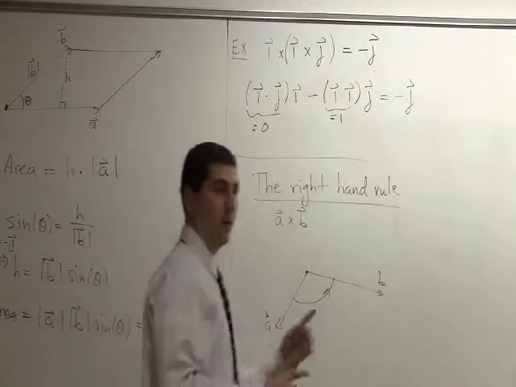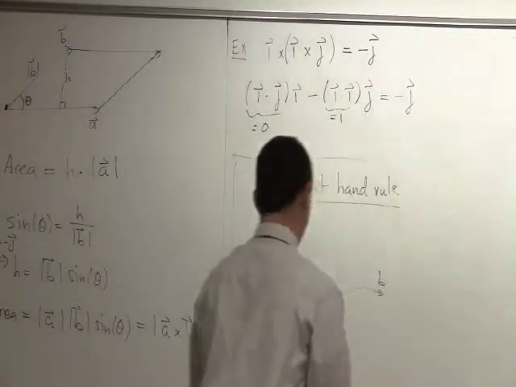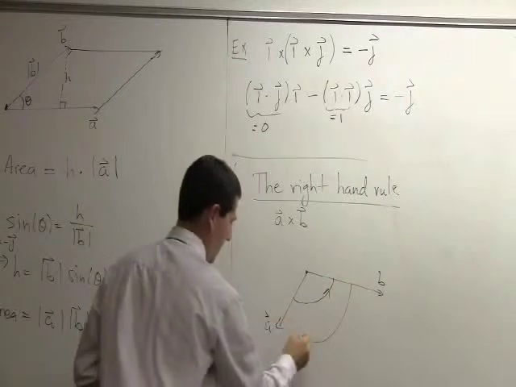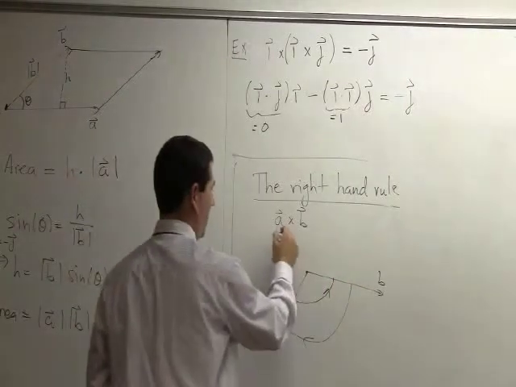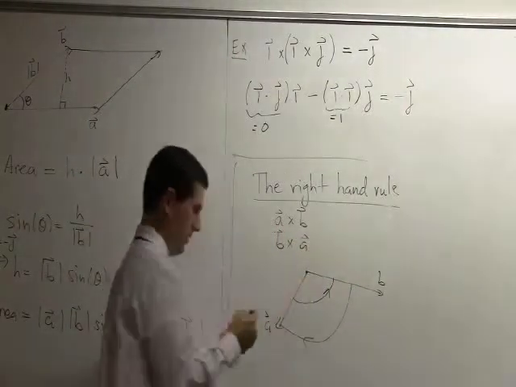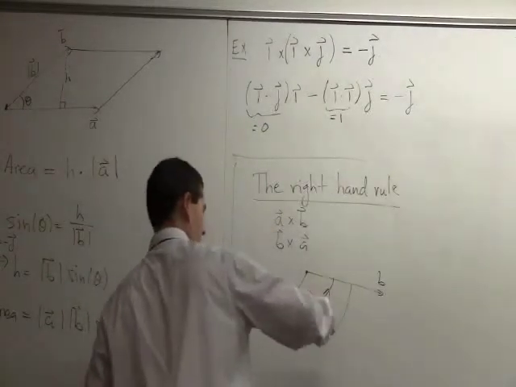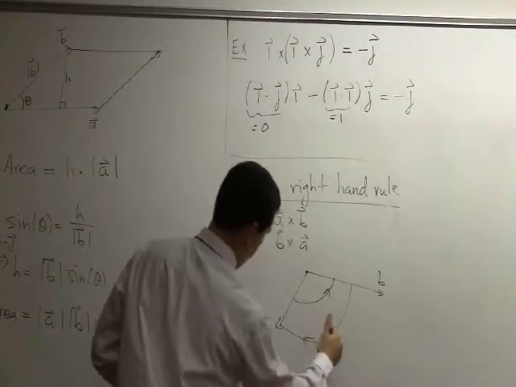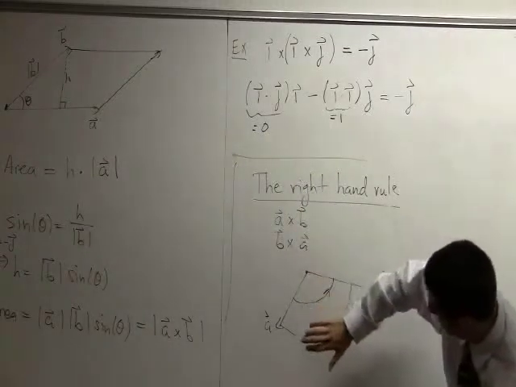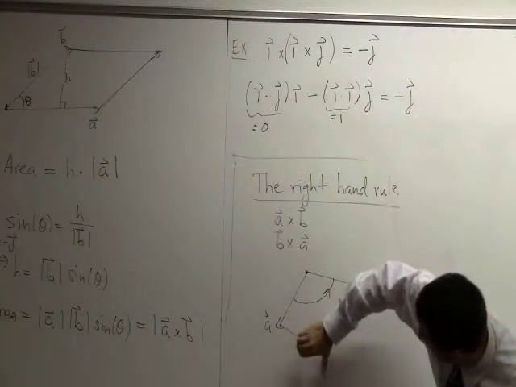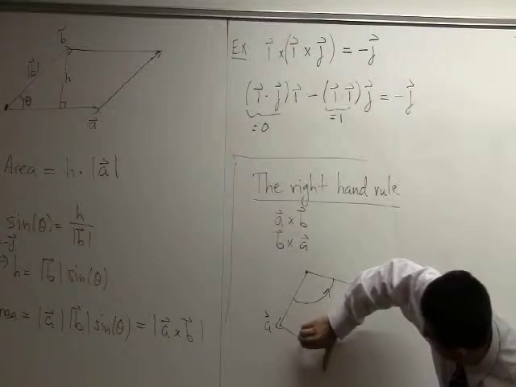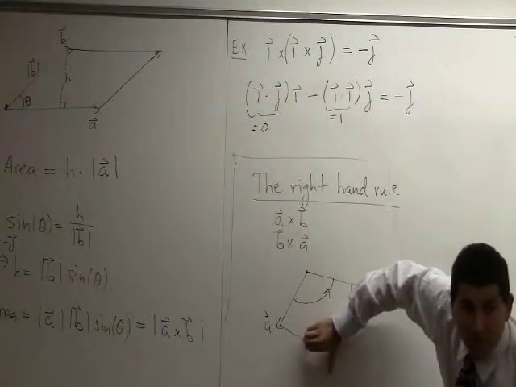If we were going backwards, if we were doing B cross A, then what would you have to do? Well, now to get your fingers pointed in the right direction, the thumb has to point down.